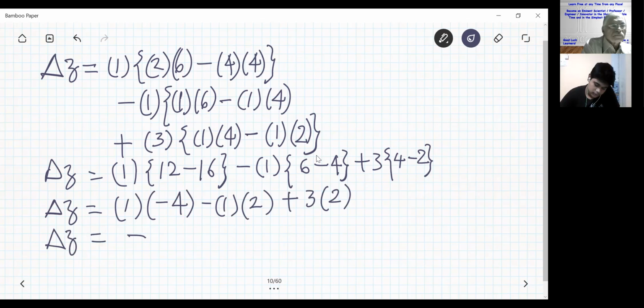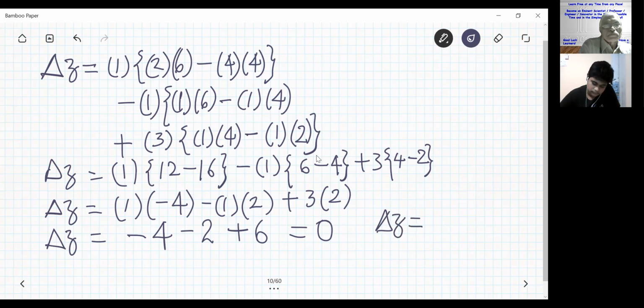Delta Z is equal to 1 into minus 4 minus 2 plus 6. So delta Z is equal to 0.